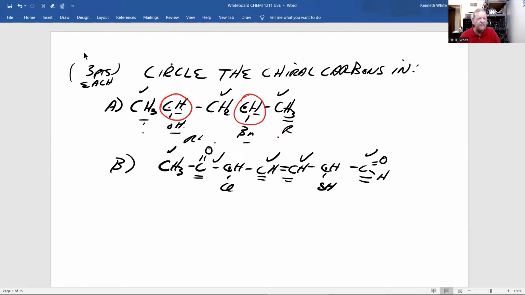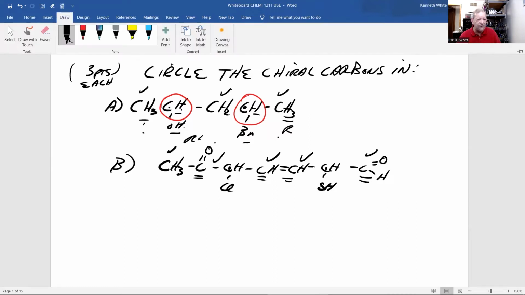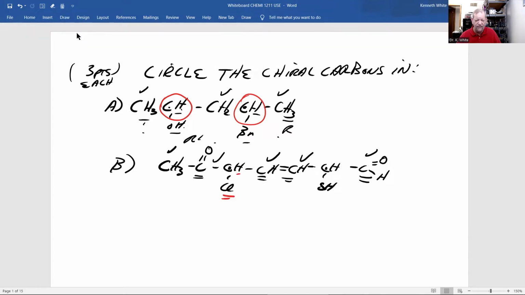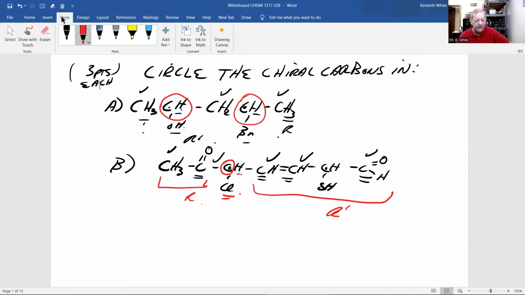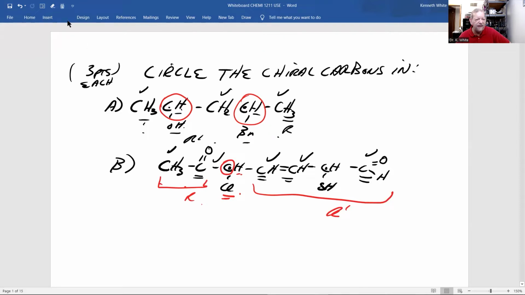And therefore, what are the chiral carbons? If we look at this one: chlorine, hydrogen, this I'll call R, and this whole thing I'll call R prime. 1, 2, 3, 4 different groups or atoms or combination. This is a chiral carbon. But we're not done.